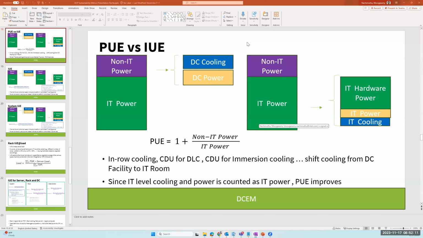I'm looking at the slide and realizing that it would be a lot clearer, not what Sammy was asking, but for the after side here on the right with the non-IT power and IT power, if you shifted the IT power up to show that my non-IT power has actually decreased and the IT power total has increased. That's what would really show it. Yeah, I see what you mean.